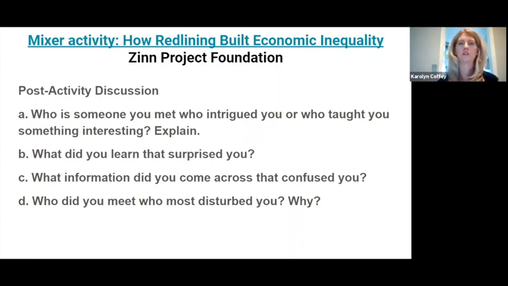Everybody is assigned a particular role, and often the role that they receive is in fact a real person that lived during this time, the 1950s, and they mix and mingle with each other. They're given a questionnaire sheet, which helps them guide the conversation and what they're looking for. Then it all ends in a culminating class discussion on what was learned, what was surprising.